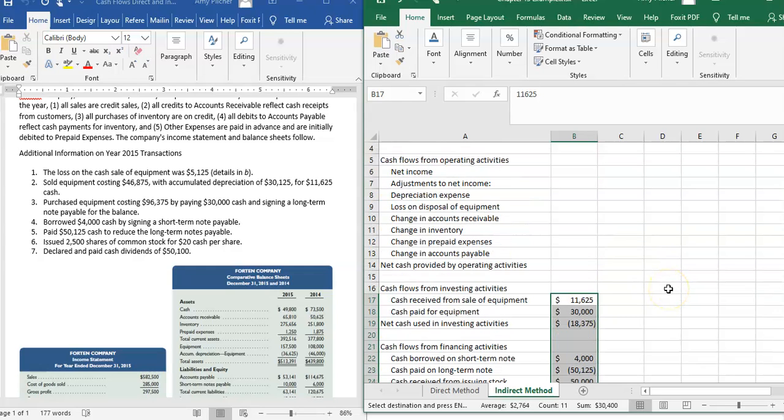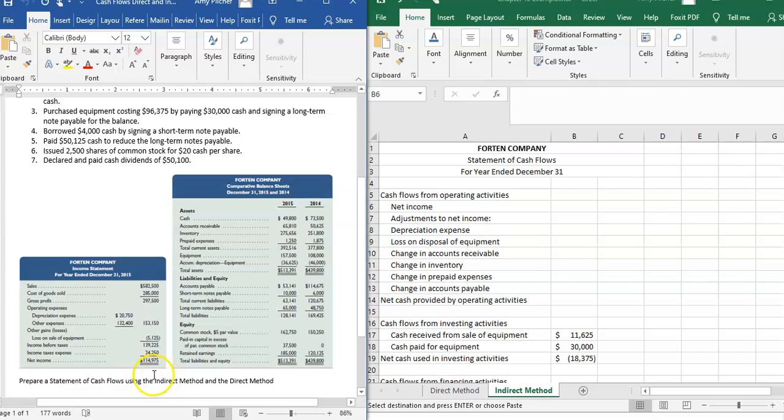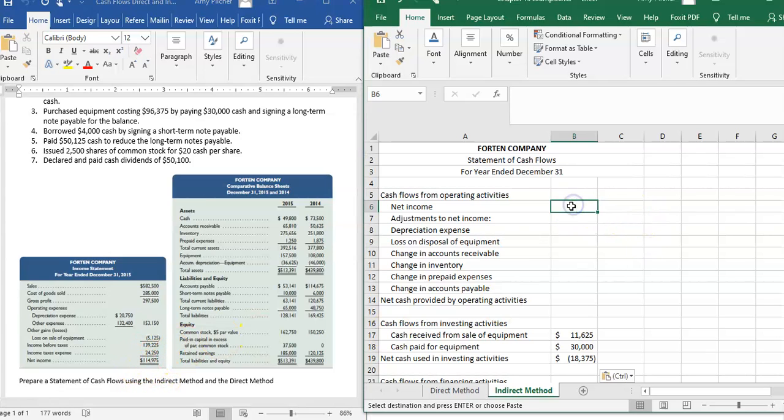So the only changes that we have are the cash flows from operating activities. So remember, in the indirect, we start with the net income. So we take the net income from our income statement. We have $114,975.